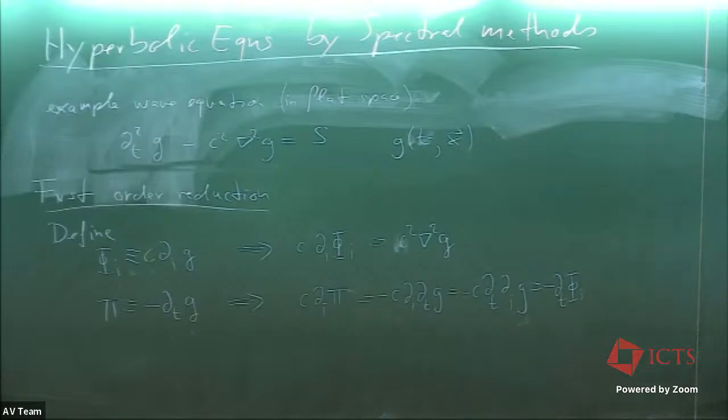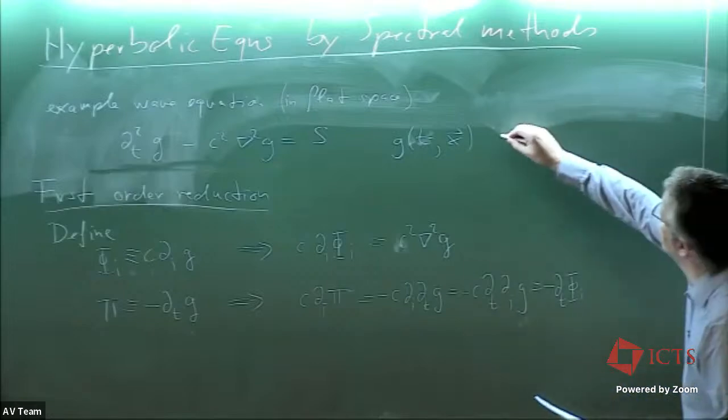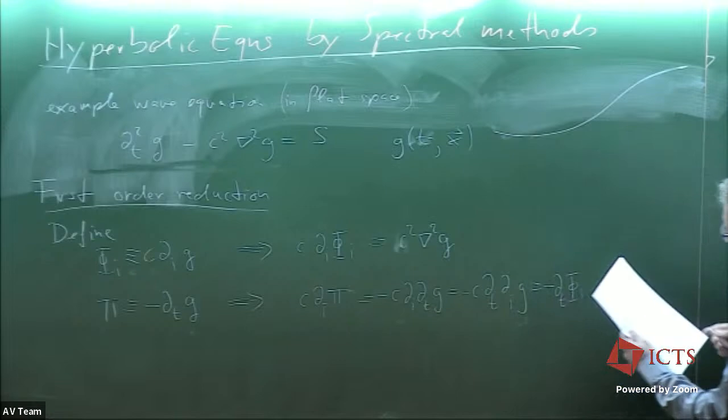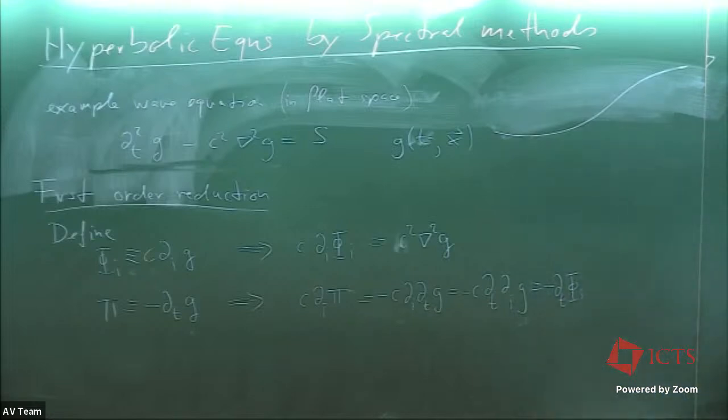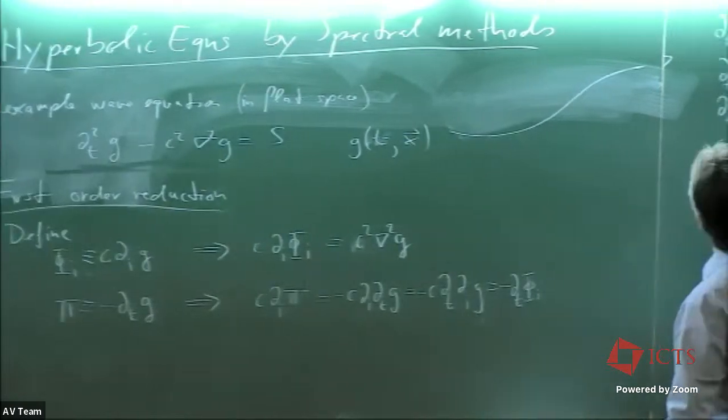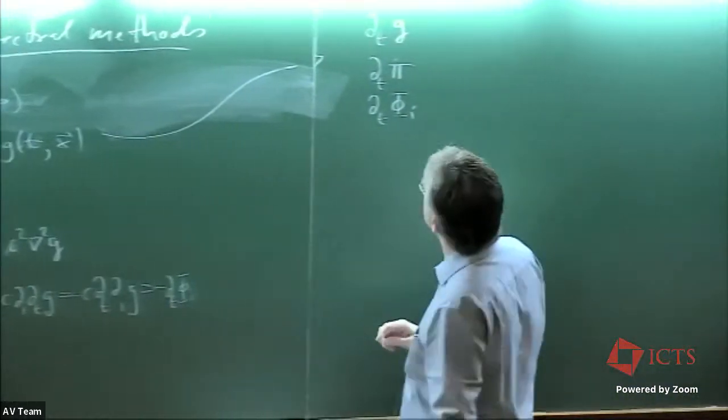And with these two definitions, I can now write down the scalar wave equation in a form of first order time derivatives of all three of these variables: dt g, dt pi, and dt phi i.